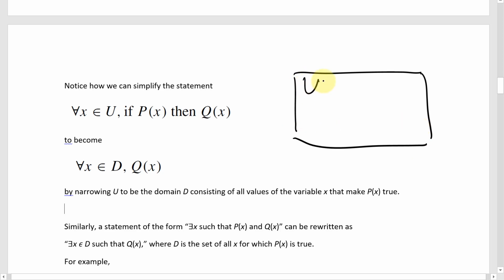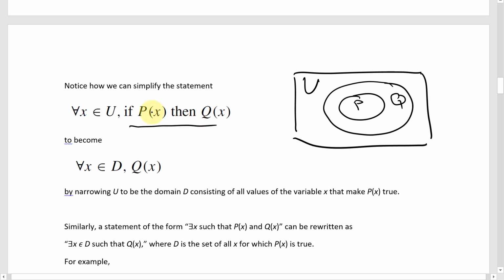So we might begin with some larger set U, and let me draw a set P and a set of elements Q, and we can sort of visualize this as saying that you could take any x in the set U. If P of x is true, I mean in the picture that you would be in the set that I draw here for P. If P of x is true, you must have some x that is in this set. So if you said this statement is true, if P of x is true, then you would certainly be in the set where Q of x is true.